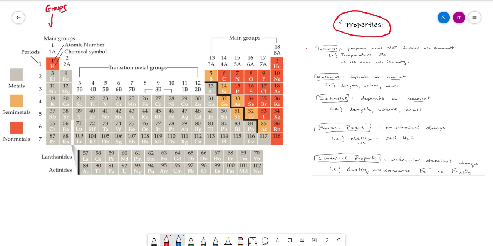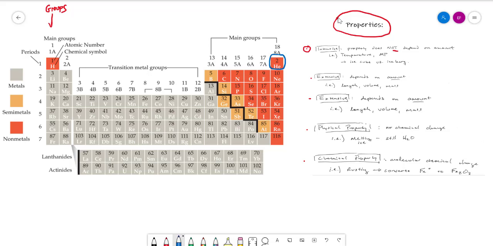And there's several different types of properties that I have written out here. So we can have an intensive property. Those are properties of these individual elements in the natural world that do not depend on the amount of that particular substance. If I look at, let's say, this particular element here, He, which we know as helium. We've all, or most of us, have probably experienced helium in an inflated balloon before.